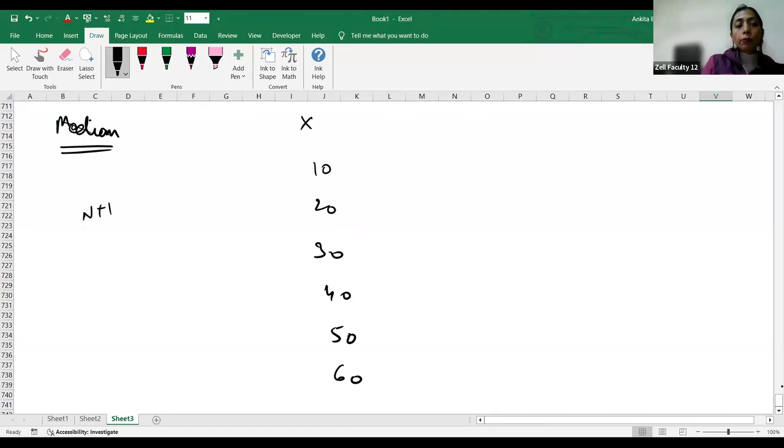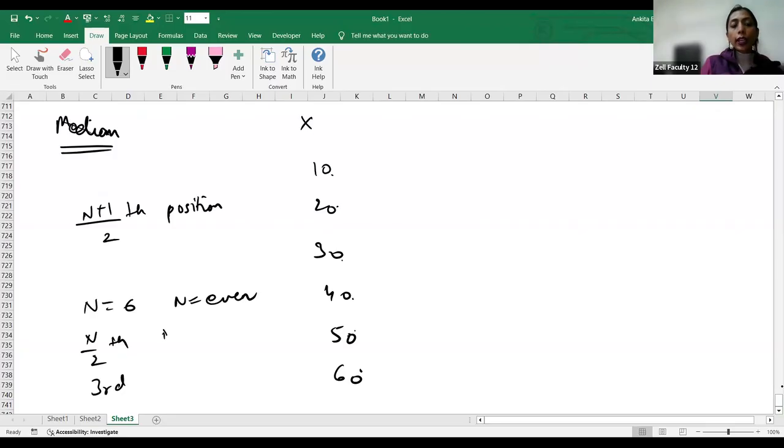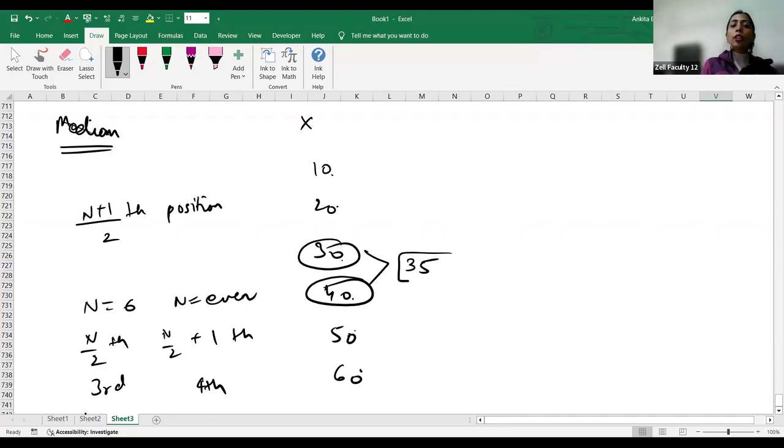I do the (n plus 1) divided by 2th position. This is 1, 2, 3, 4, 5, 6. N is equal to 6. So n is even. If n is even, then I take the n by 2th position, which is the 3rd position, and the n by 2 plus 1th position, which is the 4th position. So I take the values on the 3rd and 4th position and average them out. So 35 becomes my median.